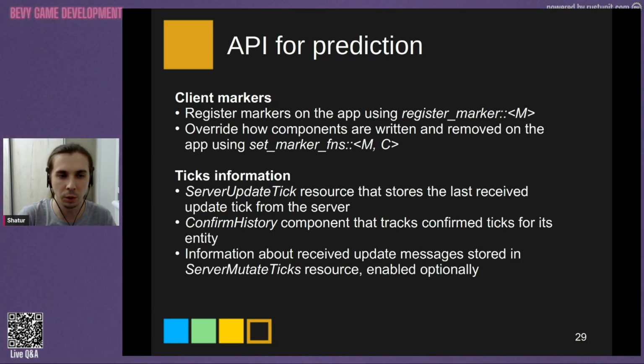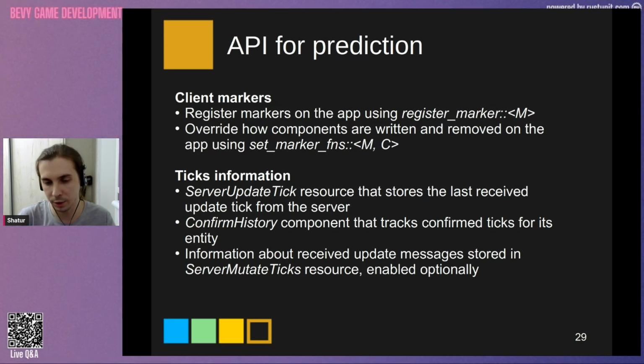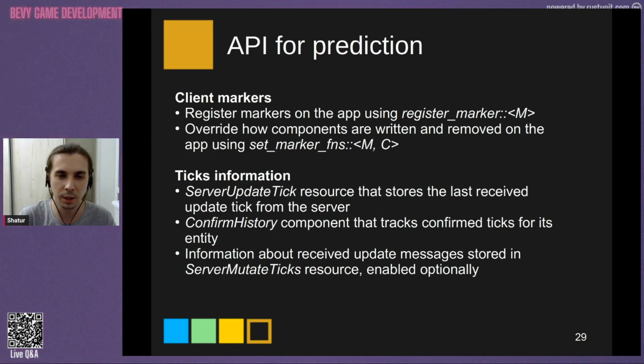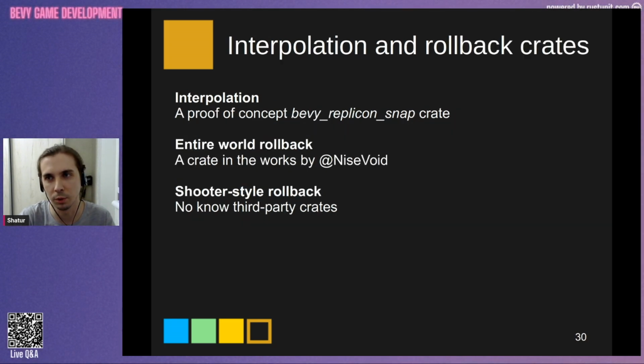For example, in order to properly know which updates were received, you need to send updates every time, even if you don't have any changes on the server, just send empty messages. But if you don't need prediction or rollback, you don't have to send these messages, and you can save some bandwidth. So we provide customization for it.